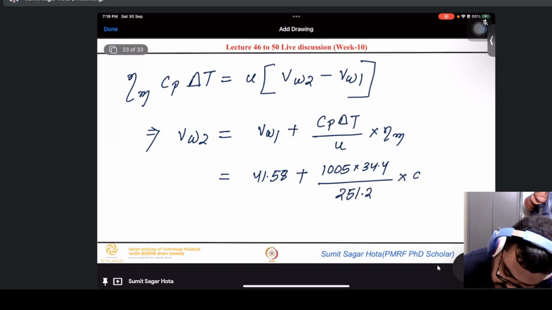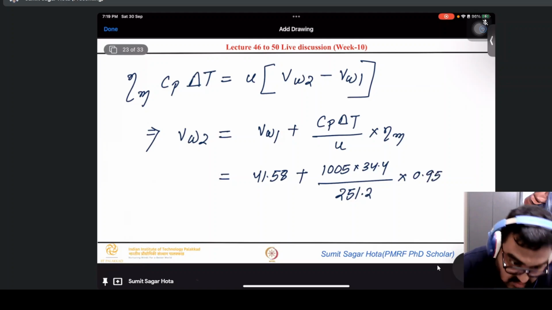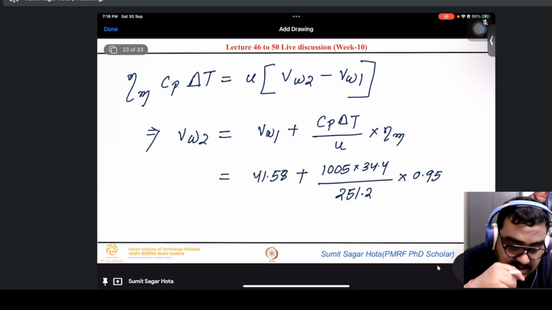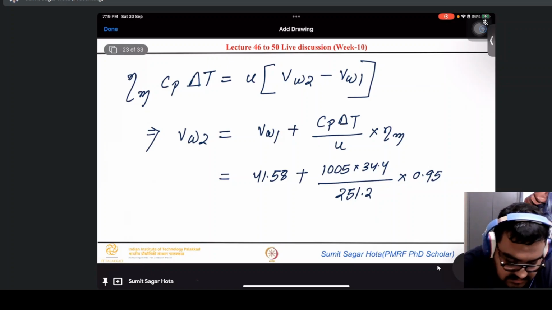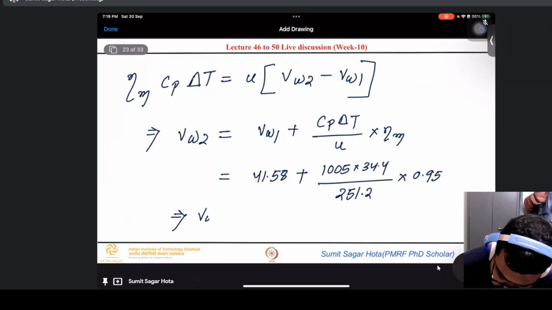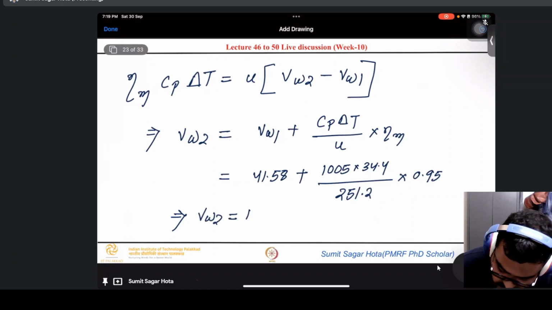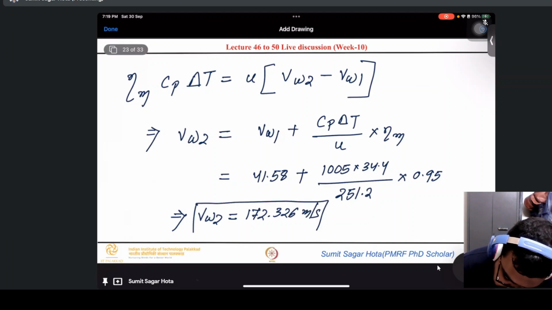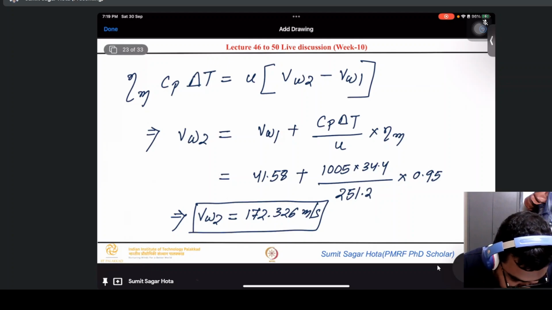What is efficiency? 0.95. When you solve it, you will get the value as 172.326. So here BW2 is equal to 172.326 meter per second.